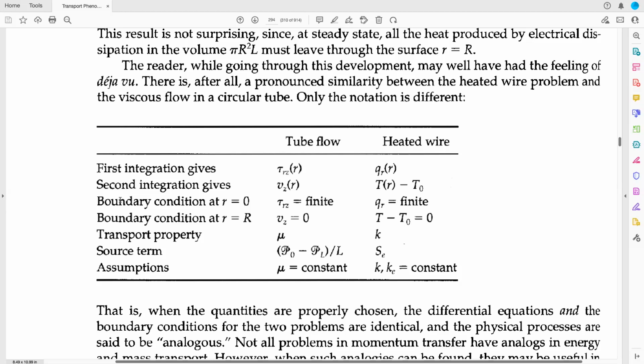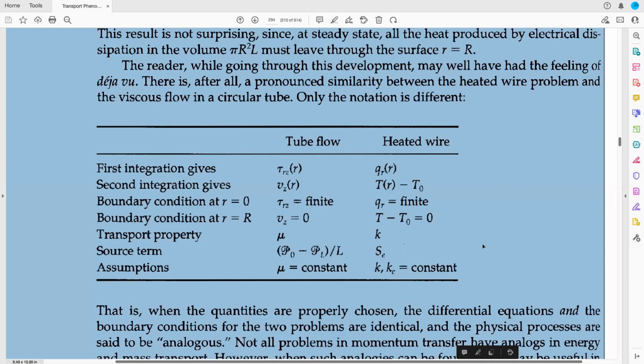The boundary condition at r equal to 0: the momentum flux is finite, while here the heat flux is finite. The boundary condition at r equal to capital R in the circular tube flow is v z equal to 0, while here the temperature difference T minus T0 equals 0.